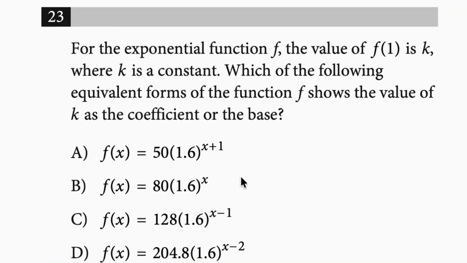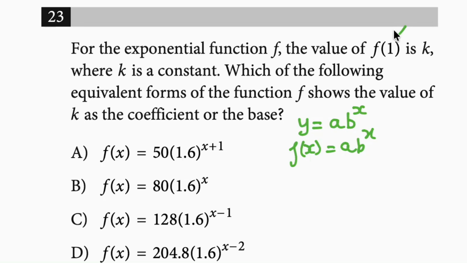Okay. Question number 23. For the exponential function f, the value of f of 1 is k. Exponential function is y is equal to ab to the power x, or f of x is equal to ab to the power x.